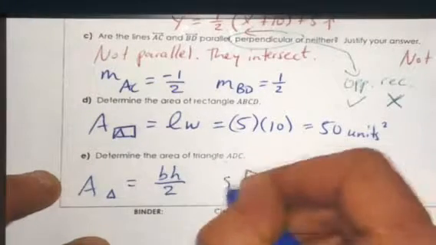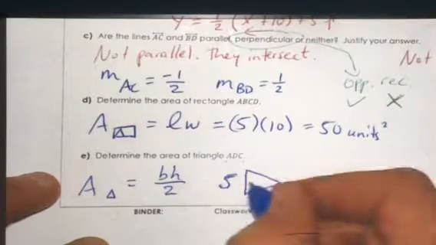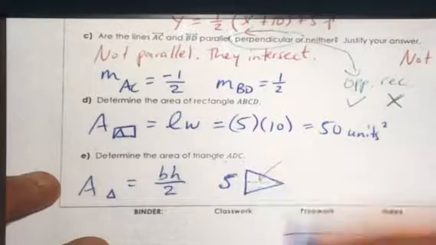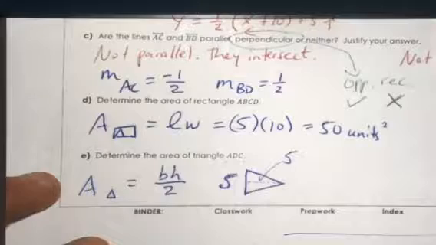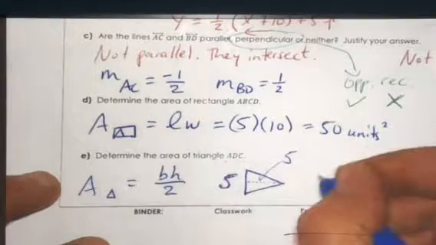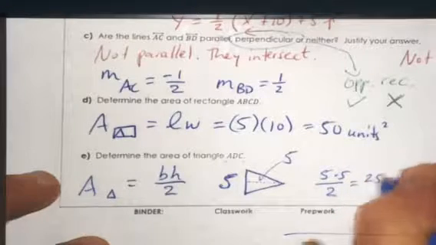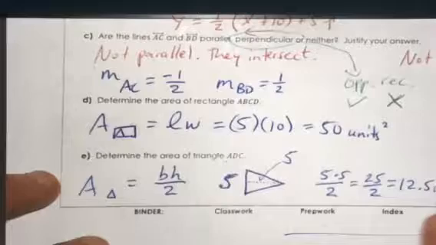And this distance, the base, is 5. But you have to look carefully to see that the height is also 5 units. So that means we're looking at 5 times 5 over 2. We're looking at 25 over 2, or 12.5 units squared.